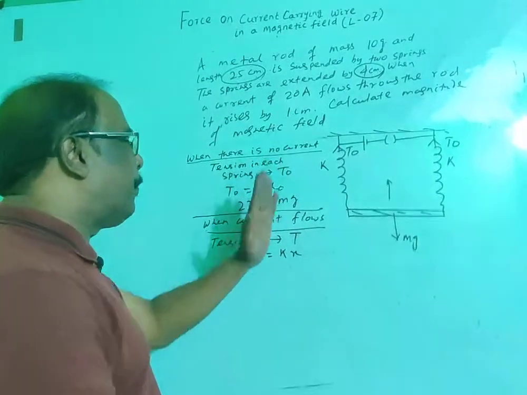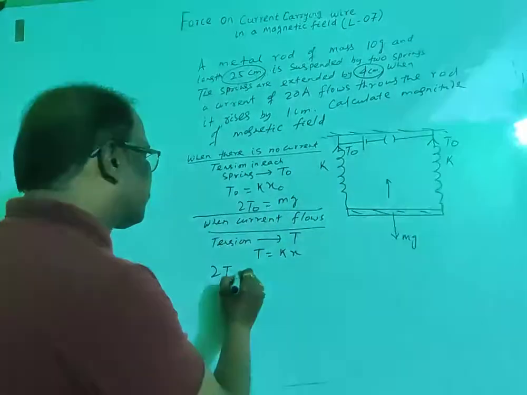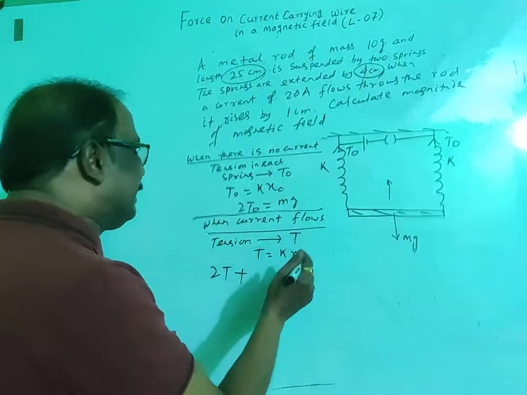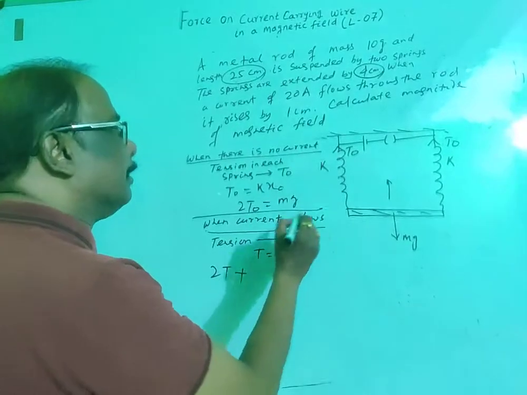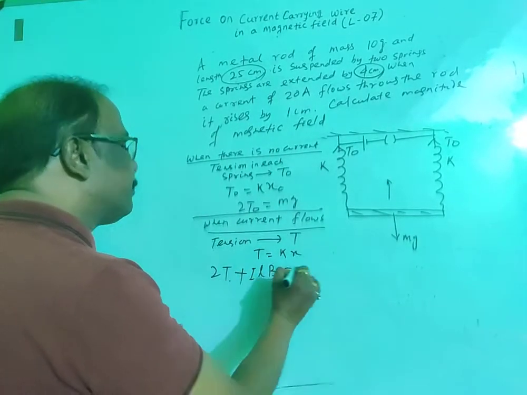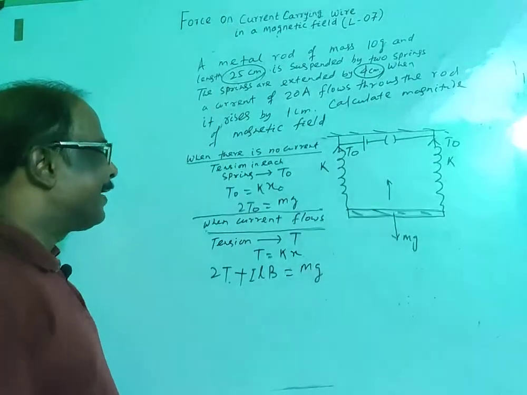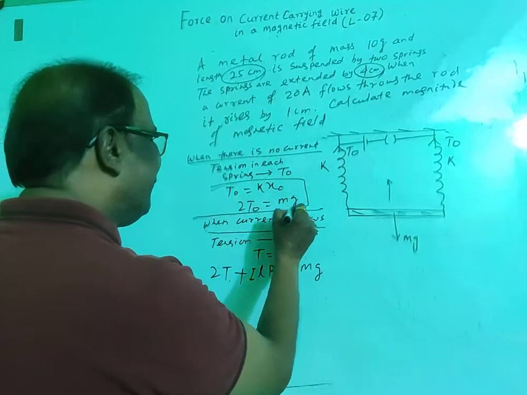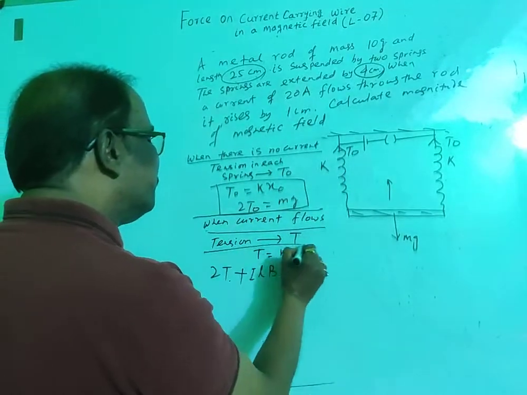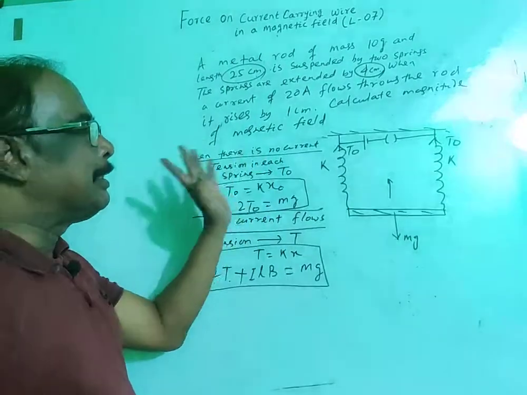Now the total upward force is 2T plus the force due to the magnetic field on the current carrying conductor, that is ILB. Total upward force is equal to total downward force, again mg. These are two equations, when current is flowing and when current is not flowing.